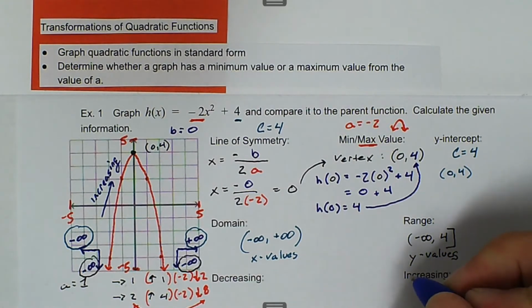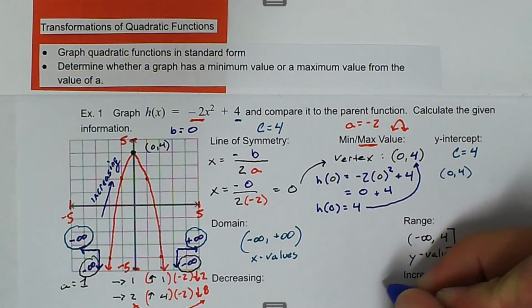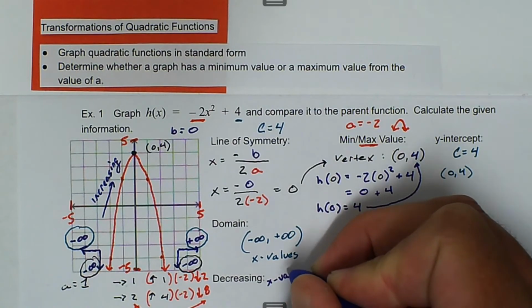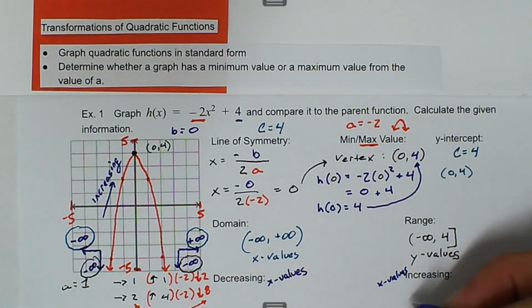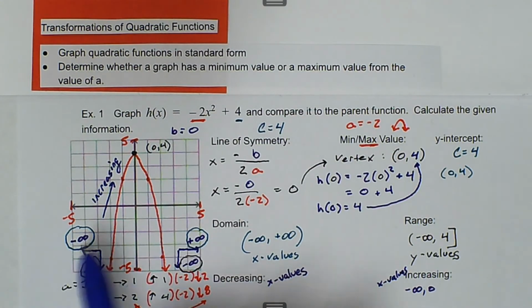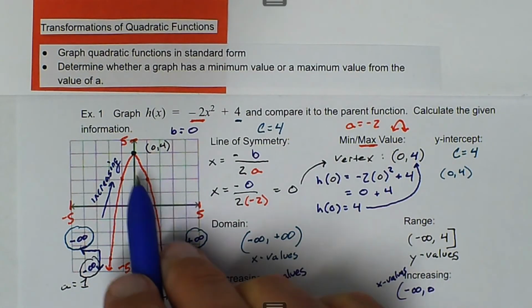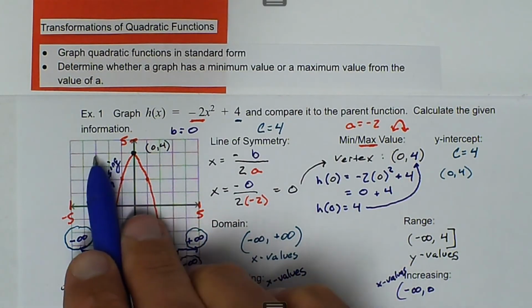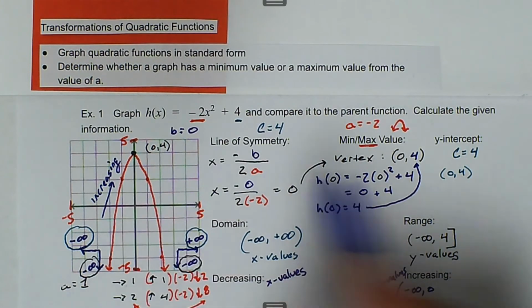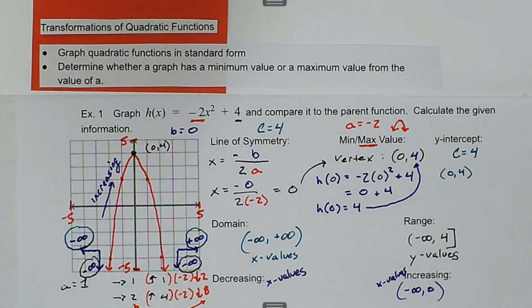So this is increasing, and this just refers to the x values. Just the x values for increasing and decreasing. So we're increasing from -infinity all the way to 0. Now, in this case, neither one's included because can't count to -infinity, so we'll have a parenthesis there. And 0 is not included because we actually have a slope of 0 at the vertex, which is neither increasing nor decreasing. So 0 is also not included.